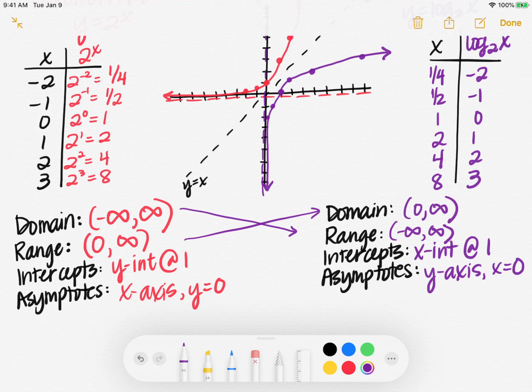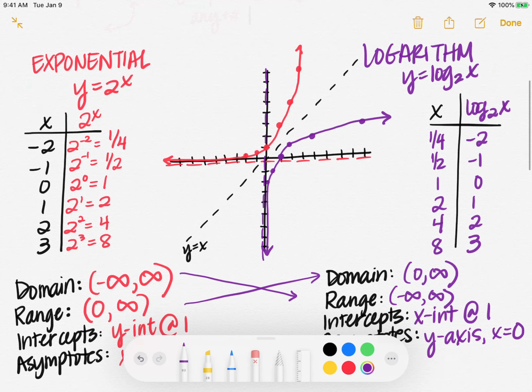So without understanding what the log function is itself, we can look at the exponential function and just invert everything. Invert the graph, invert the table, switch the domain and range, which is really just inverting x and y values, and that's what a logarithm is.